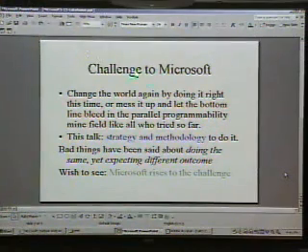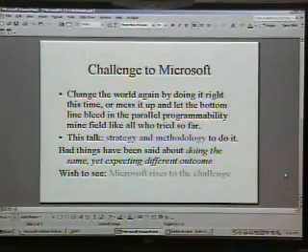Now, where does this take us? I think that there is a big challenge here to Microsoft, as I see it. I think that there is an opportunity here, really, to change the world again, as Microsoft has done in the past, by doing it right this time. And I'm talking about doing right the parallel programming thing, something that Microsoft was not a participant in the past.